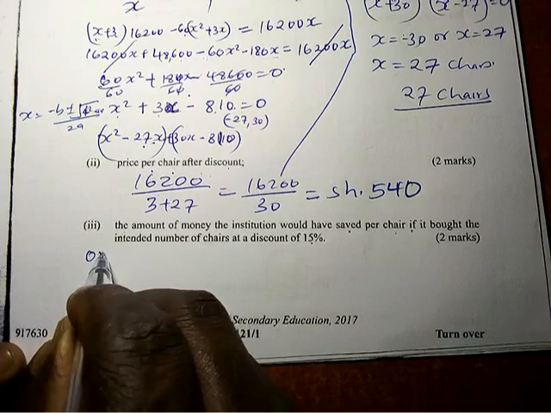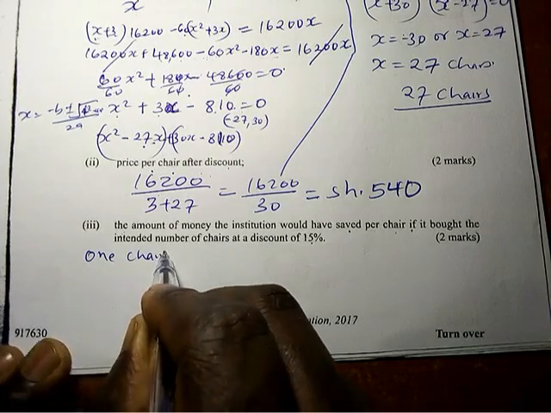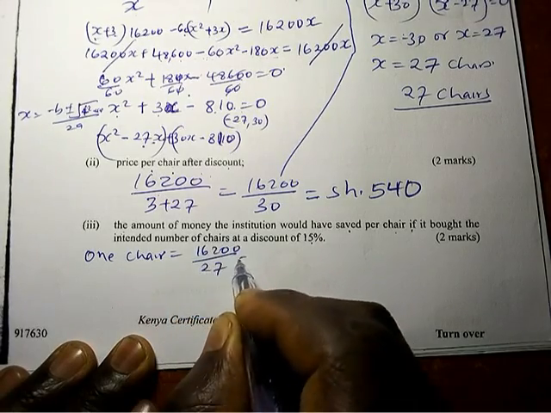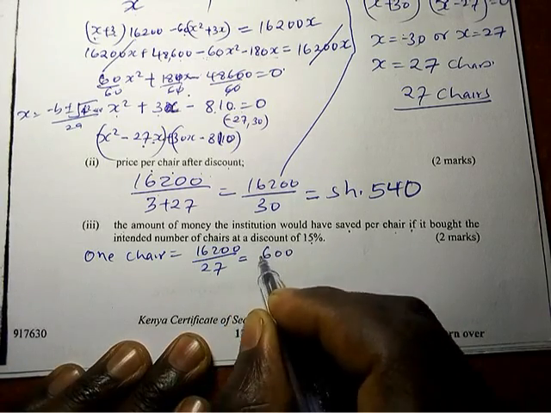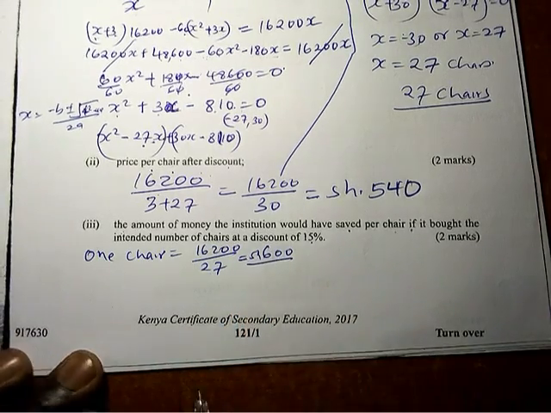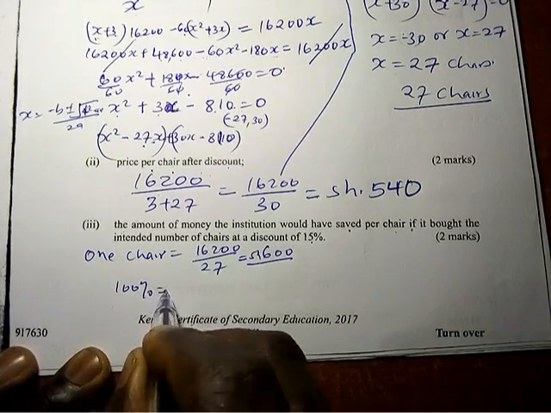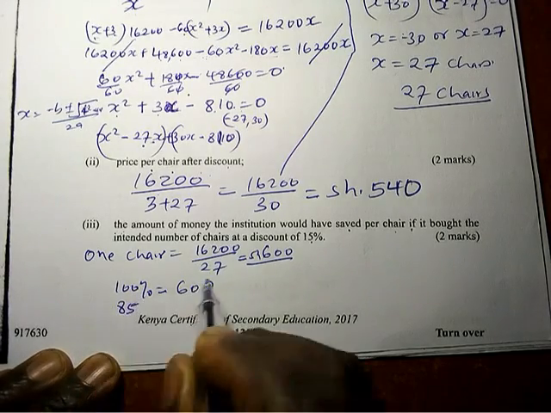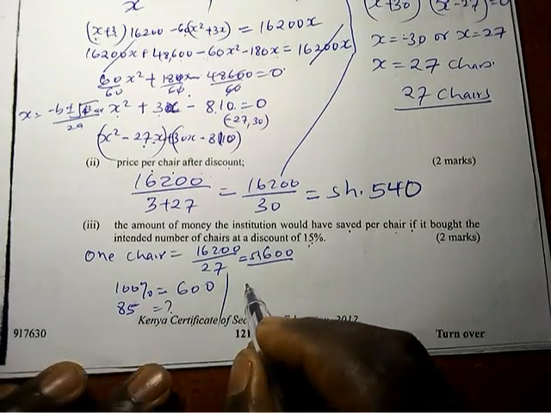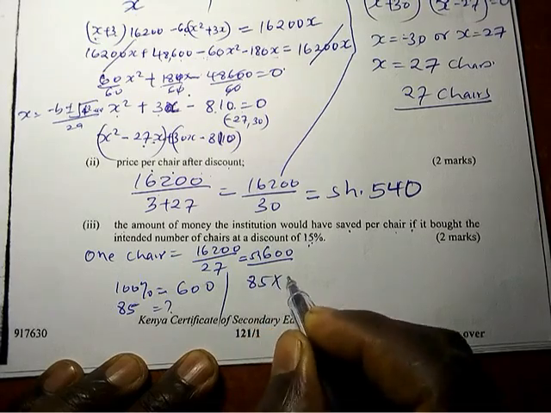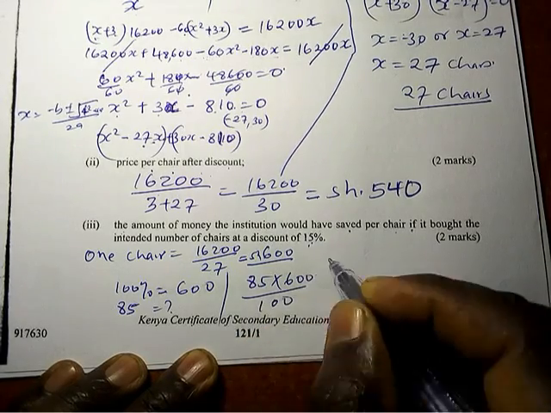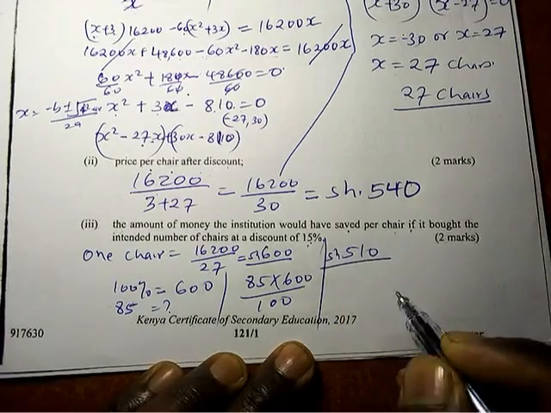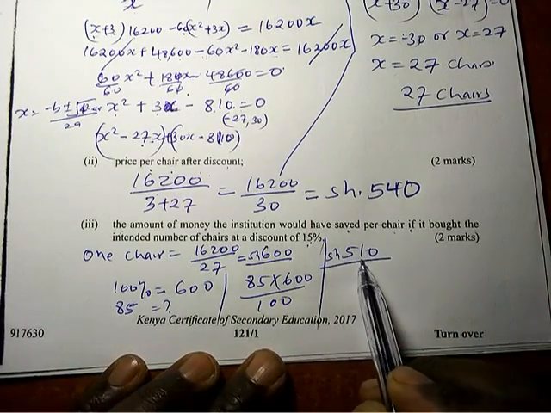So one chair without the discount is 16,200 divided by 27 chairs, which is shillings 600. So 100% is equal to 600. If they were given a 15% discount, what would it be? It would be 85 times 600 divided by 100, and that gives us 510 shillings. So with a 15% discount they would pay 510 per chair.